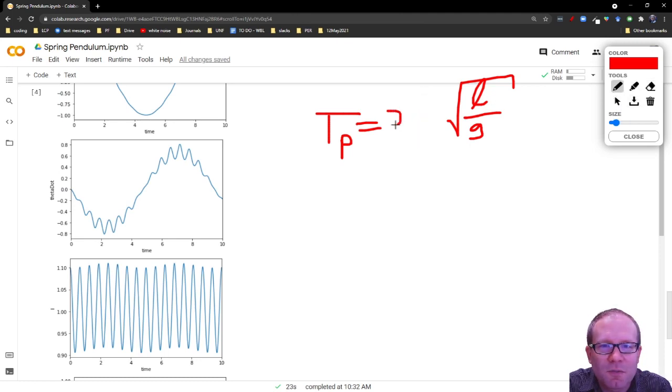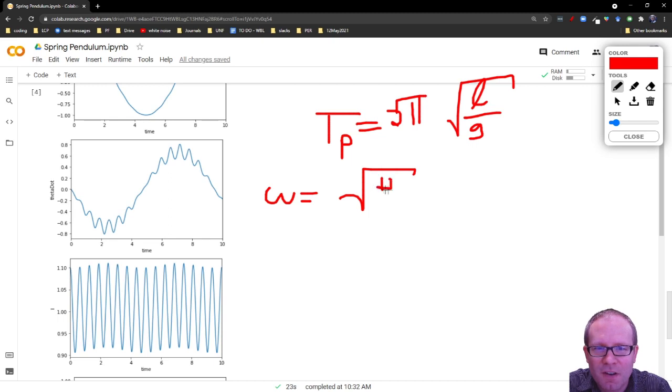That's right, 2 pi square root L over G. There we go. Okay, and for a spring, I know that its angular frequency is root K over M. I swear that's a K. So this thing is 2 pi over T, right, T for the spring.